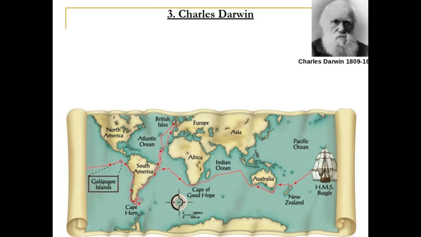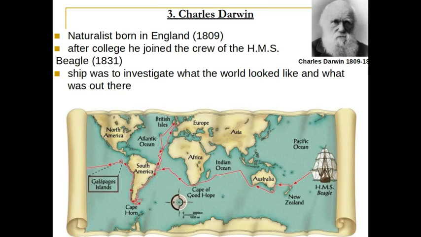And Charles Darwin's idea, who we're going to be talking about a little more in depth here, was in response to the environment's effect on the different characteristics that we have. He was born in England. He joined the crew of a ship, the HMS Beagle, as the naturalist. His job was to document the organisms, the flora and fauna, that they would encounter on the trip.